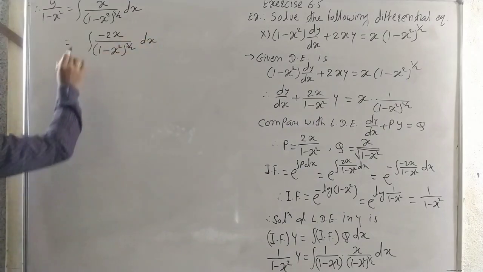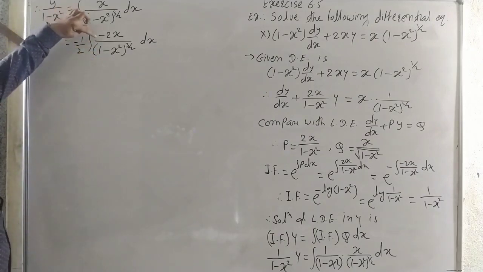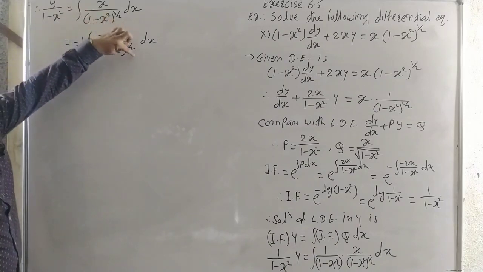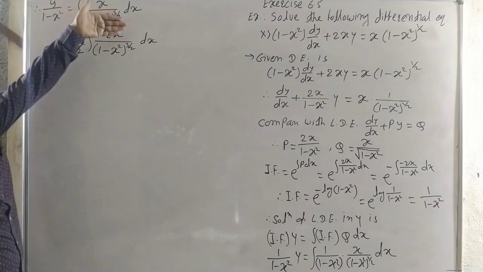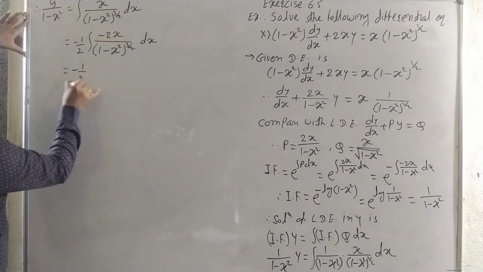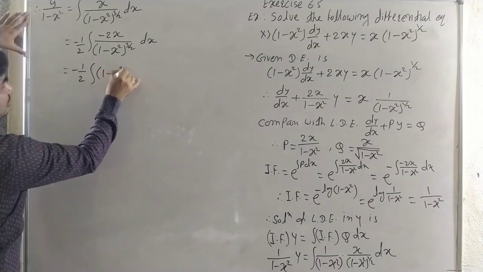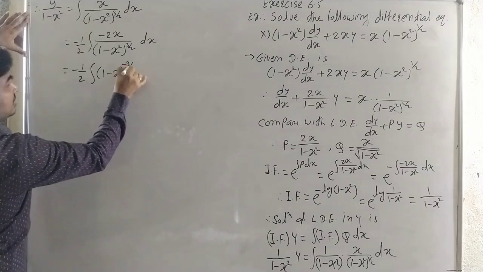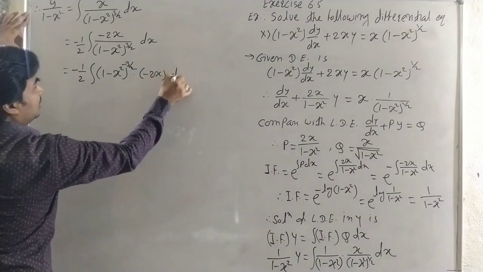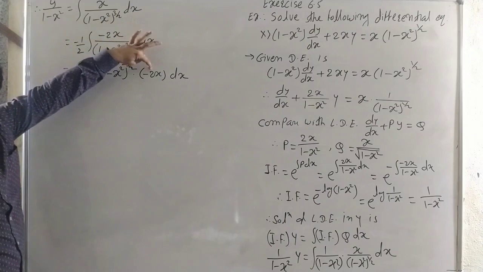Okay, see carefully. Now here it is 1 by 2. Then it is f dash of x, and here f of x to the power 3 by 2, which we can write as f of x to the power minus 3 by 2. Now minus 1 by 2 into (1 minus x square) to the power minus 3 by 2 into minus 2x dx, and here we use f of x to the power n into f dash of x.